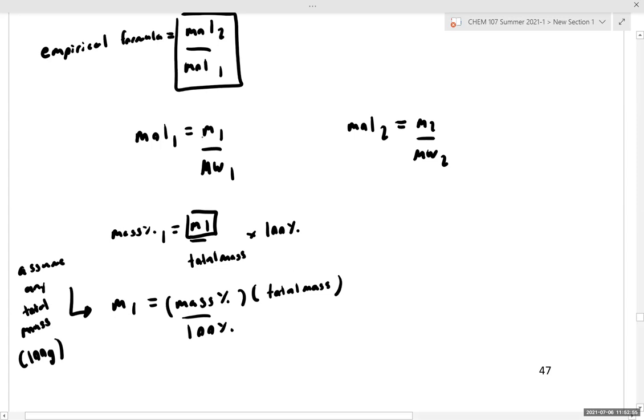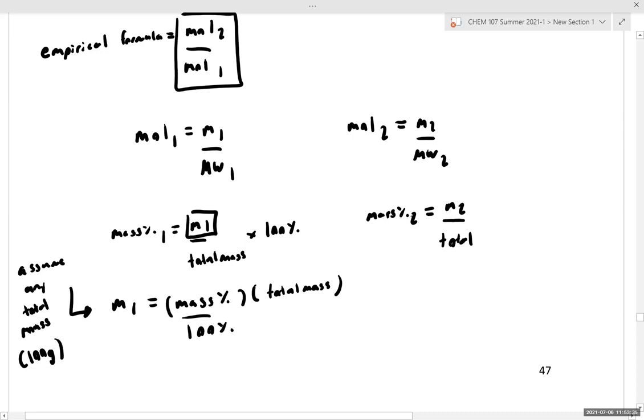Does everyone see how we rearranged this equation to solve for the mass of element 1? Does that make sense to everyone? We can calculate the mass of an element from the mass percentage and the total mass. Does that make sense? Now, by the same token, we can do this same calculation to solve for the mass of element 2 given the mass percentage.